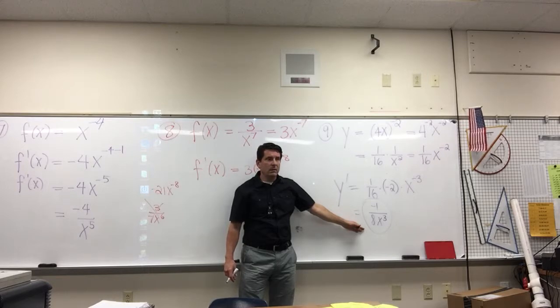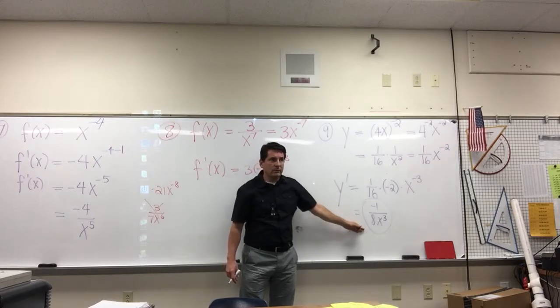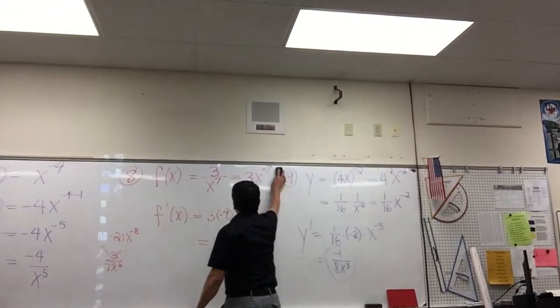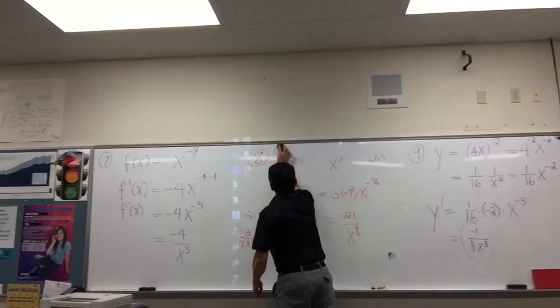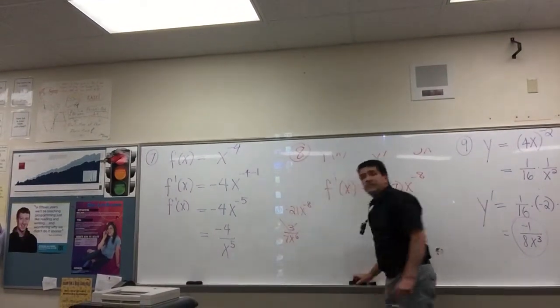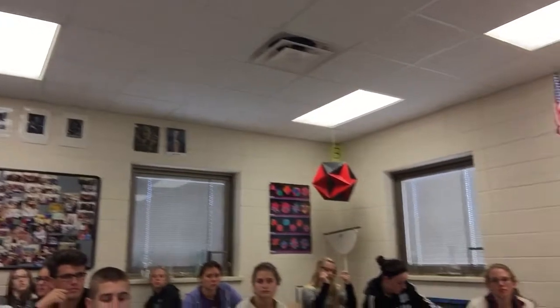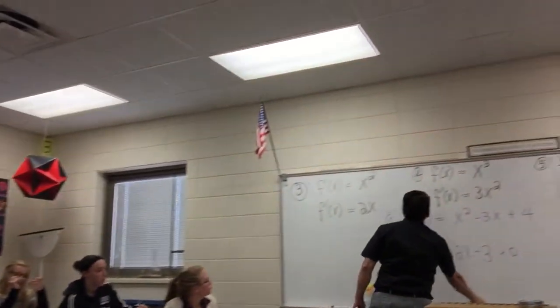Okay? Any questions? Okay, let's see if you got this. So, let me go over this side. I'm going to give you a brand new one, and see if you can do this one.